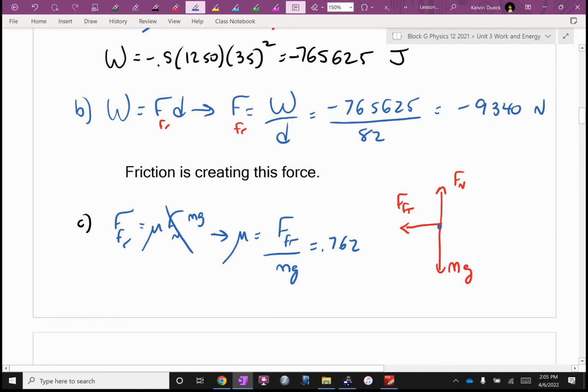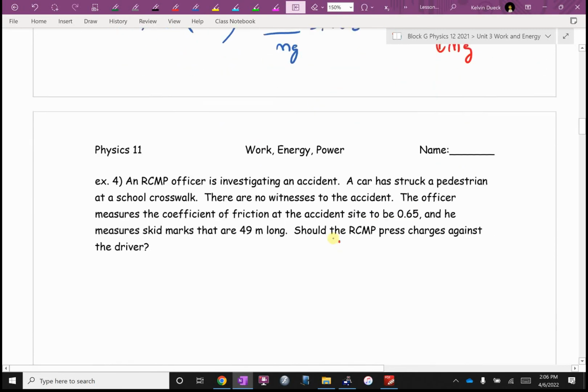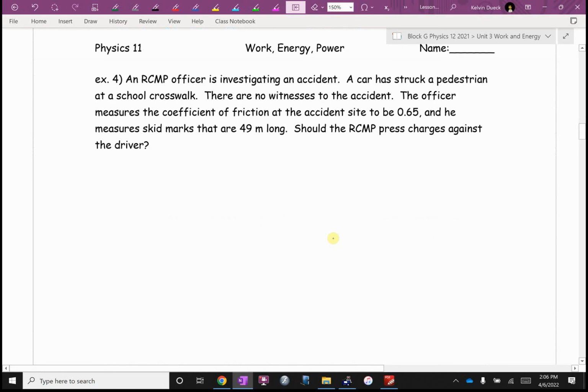Units for coefficient of friction. I don't know if you remember, but way back in Physics 11, in the first kinematics unit, we did a question where we had somebody involved in a car accident, but there were no witnesses.